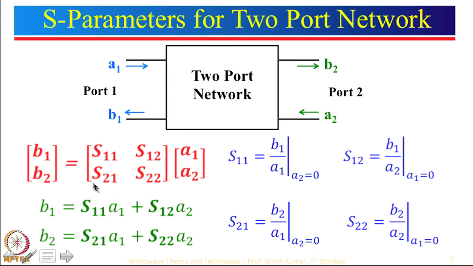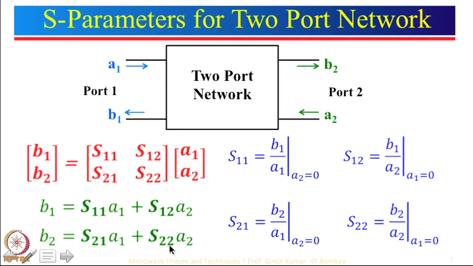Now we will define the S parameters. So we can actually define B1, B2 on this side, that means these are the reflected wave, these are the incident wave, and this is how we defined S parameters. We can open the matrix. Let us look at here. So B1 is equal to S11 A1 plus S12 A2. We can write B2 as S21 A1 plus S22 A2.